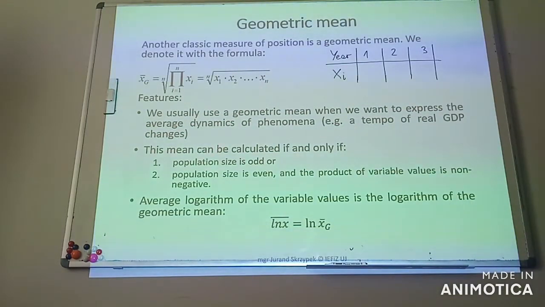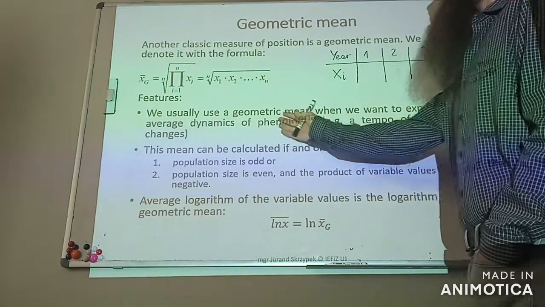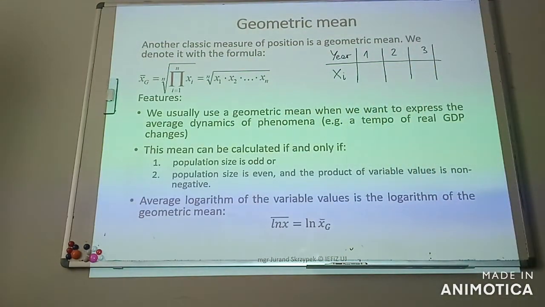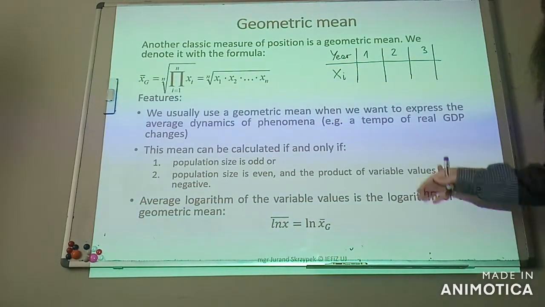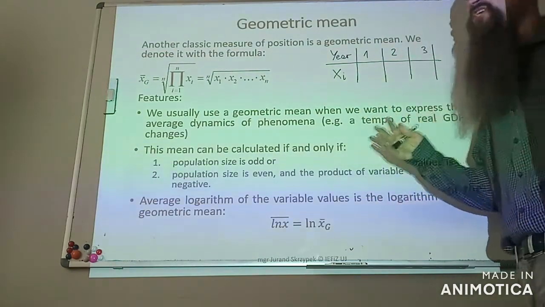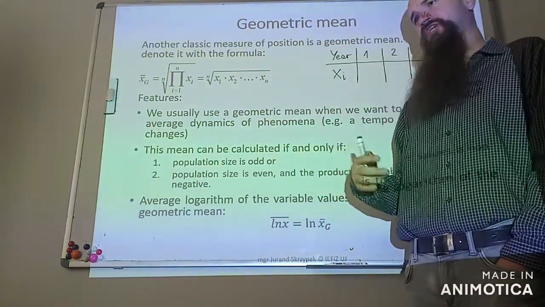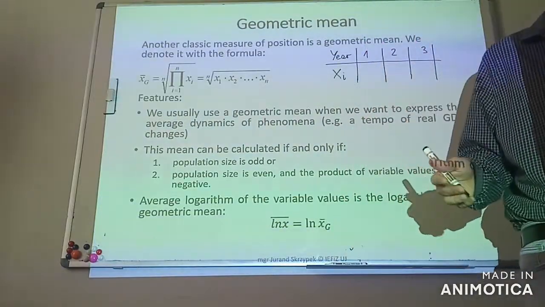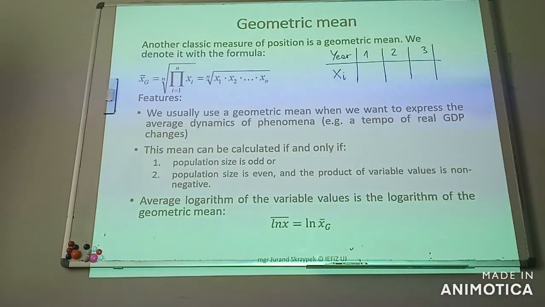The features of geometric mean are the following. We usually use a geometric mean when we want to express the average dynamics of different phenomena, because geometric mean is more resistant to extreme observations, extreme high or extreme low. Let's imagine the following situation.